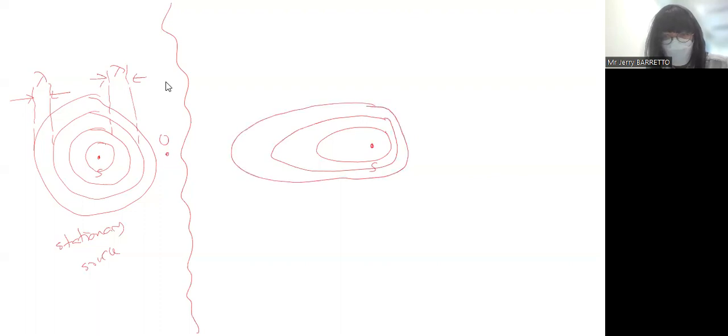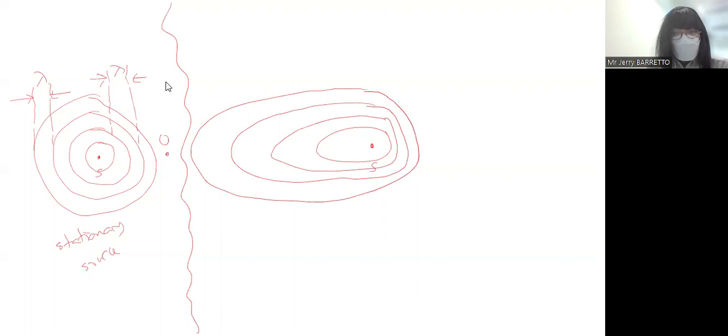Okay. Let's do one more. That's a source. Here's my observer. The wavelength closer to the observer appears to be smaller or shorter, whilst those away from the observer look to be longer.